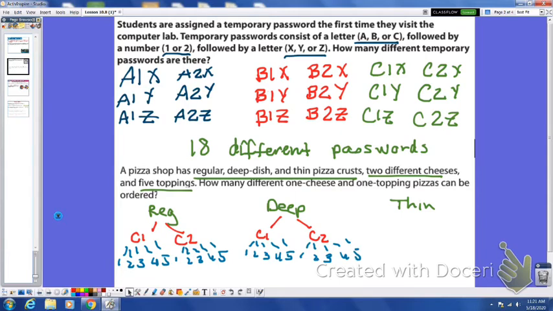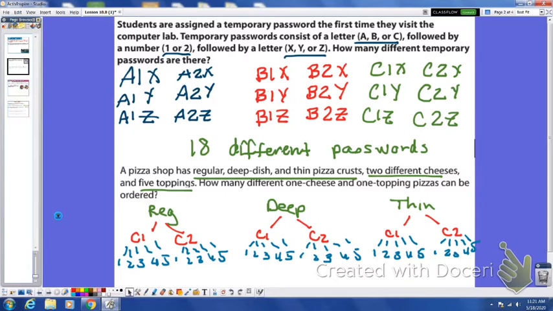And then we have that same option with our thin crust. So we have cheese 1, we have cheese 2, and again, 5 topping choices for each of those cheeses. And we just barely squeeze that in there.